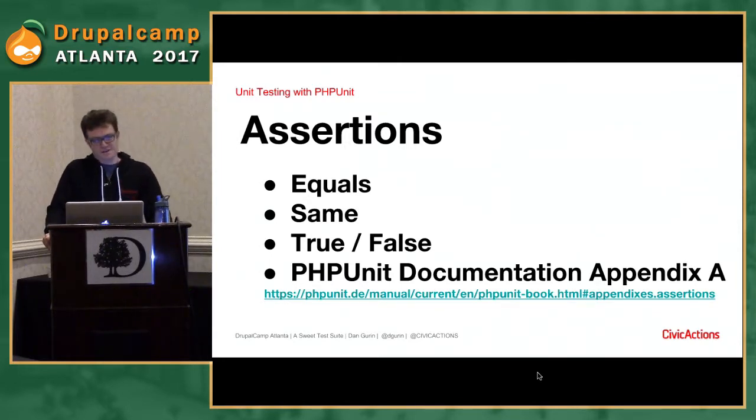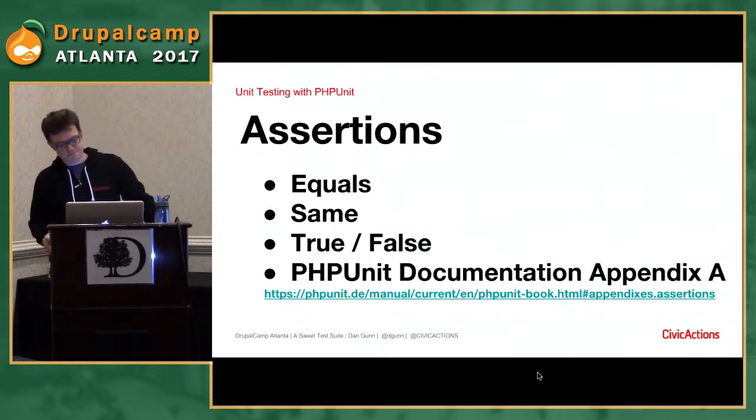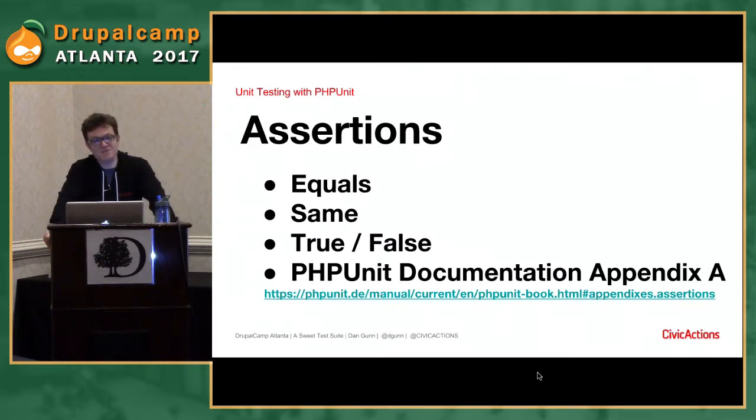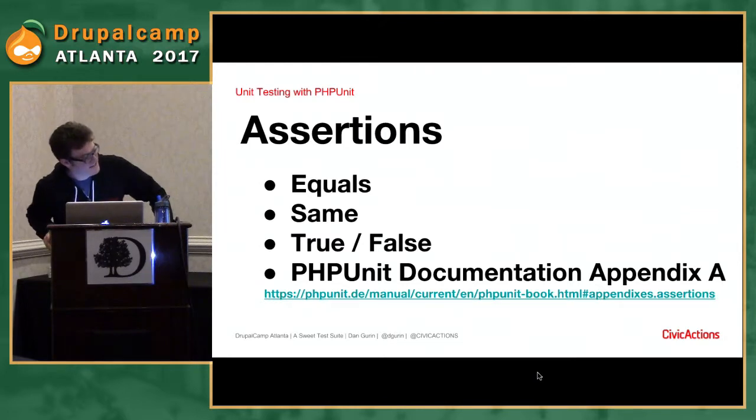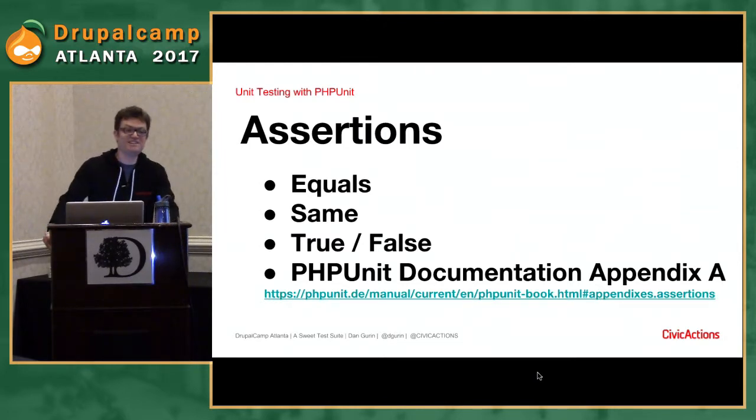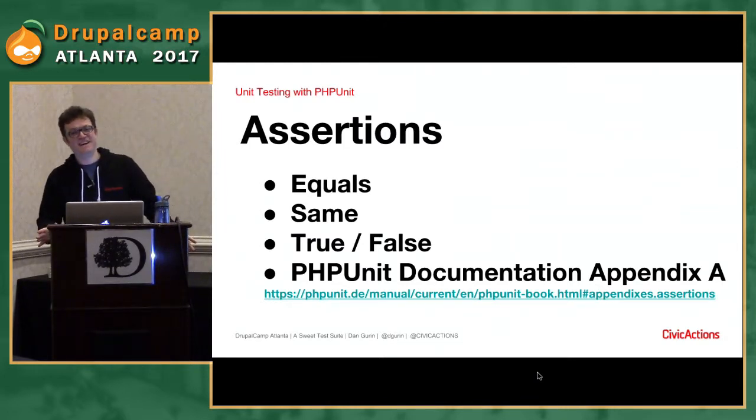Similar to like two equal signs type of thing. And you can assert true, you can assert false. Those are pretty common. There's a full list in the PHPUnit documentation of all of the assertions in that very long link there. You can check them all out. I doubt you'll use them all.